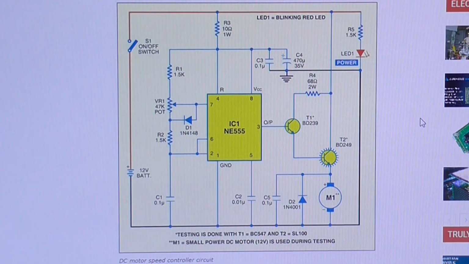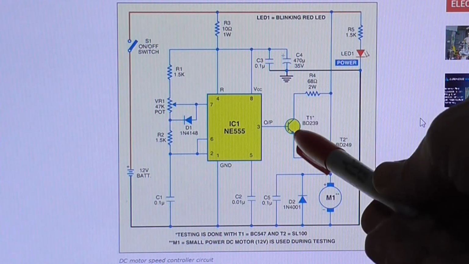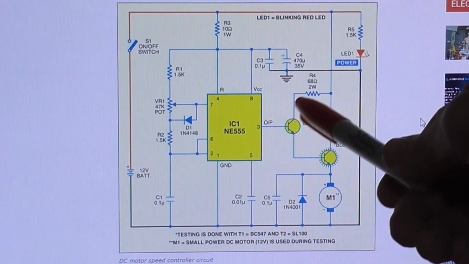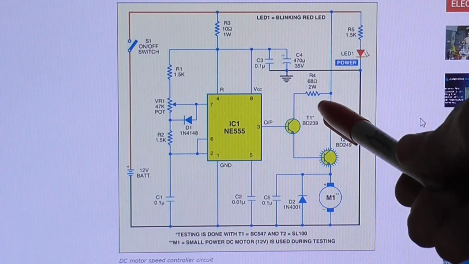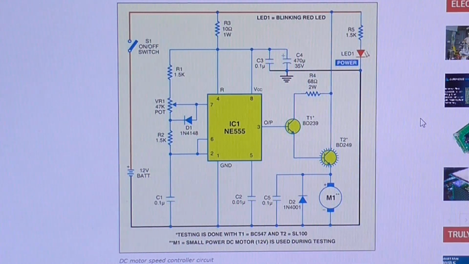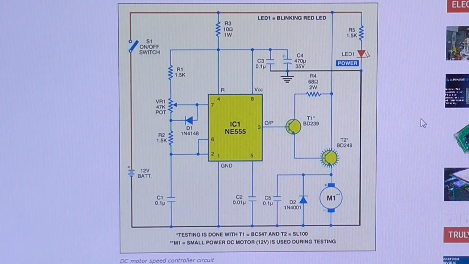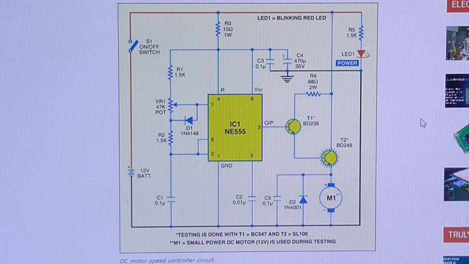So you want a pretty beefy output stage. They've got the collector of this with a little bit of degeneration with a 68 ohm 2 watt device. Now, I don't have a 2 watt 68 ohm. I have a 120 ohm 2 watt, so I could probably use that.